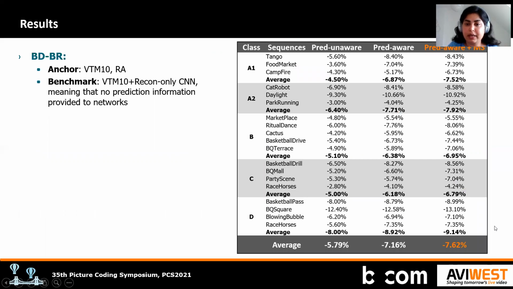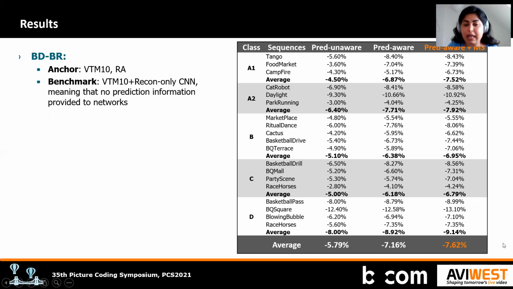So here is the result table of our proposed method, showing the results in 3 columns. In terms of bitrate saving, the anchor is VTM10 in random access configuration. The first column of the result shows the setting where we trained our network without any prediction information.